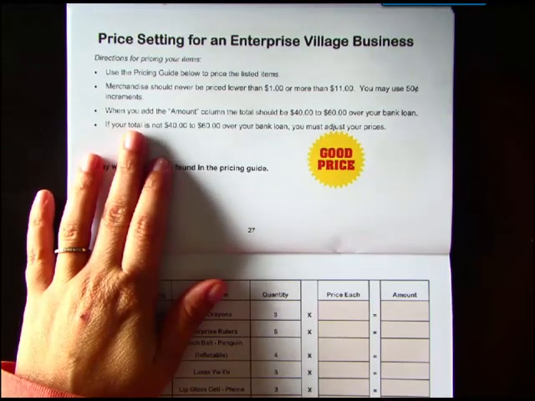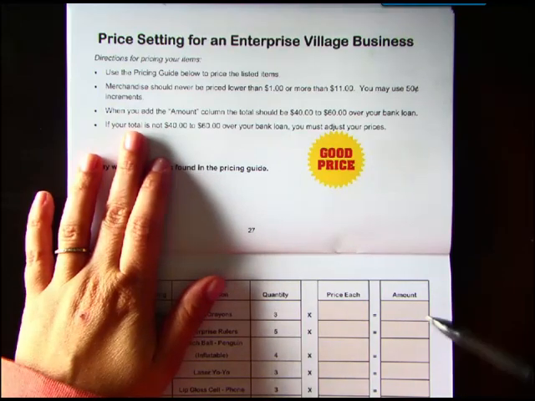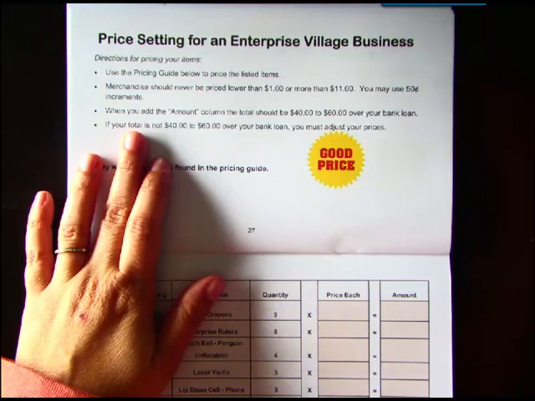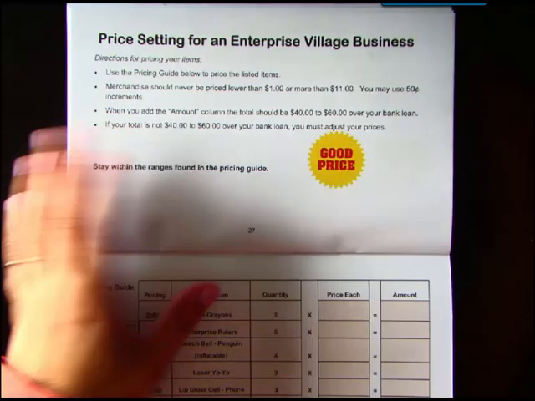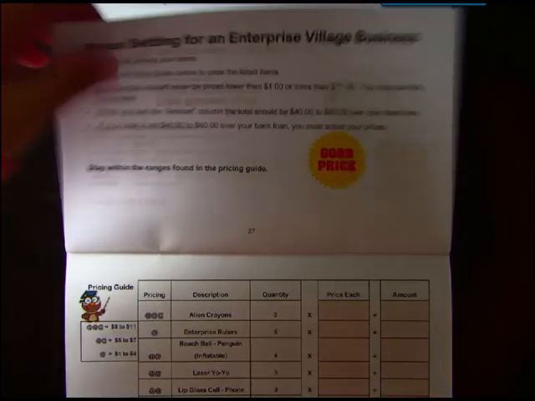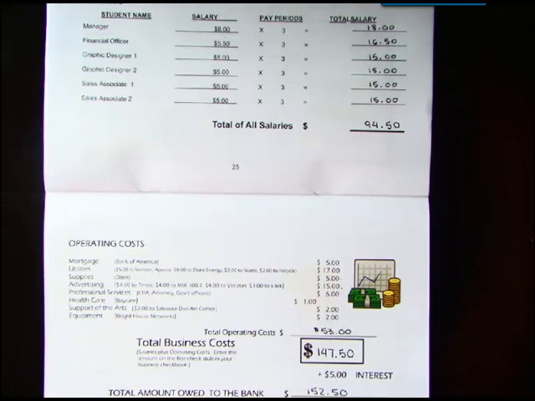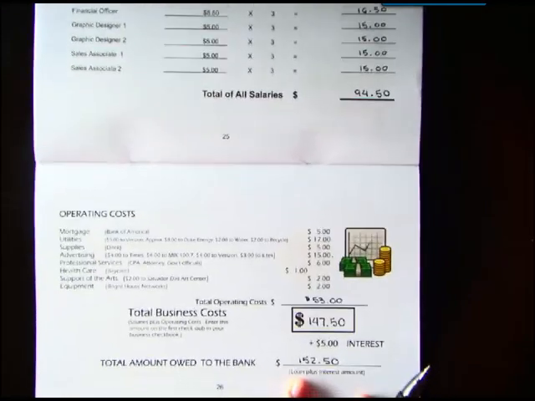When you add the amount column, so this last column when we get over here, your total should be $40 to $60 over your bank loan. Okay, so if we flip back, remember our bank loan was $152.50.